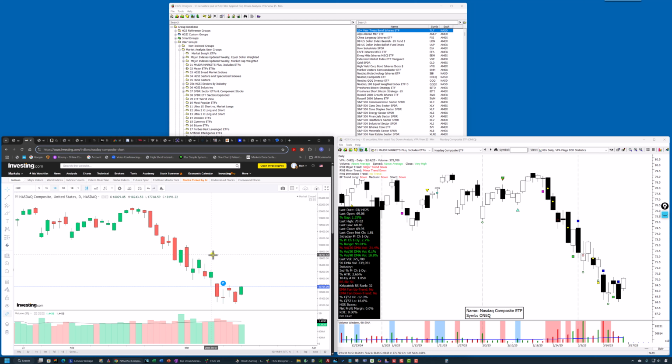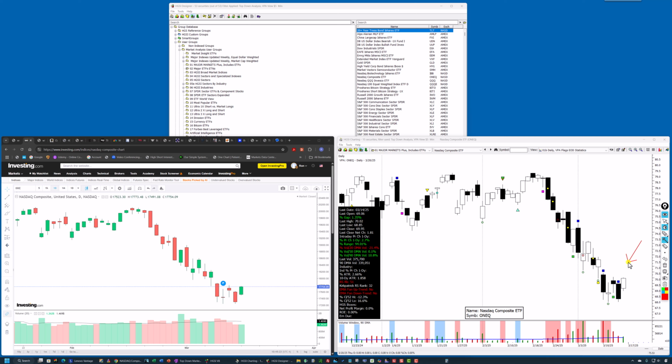So what I found is the NASDAQ ETF, which is ONEQ, and I'm comparing this to the bar chart version of the NASDAQ composite.